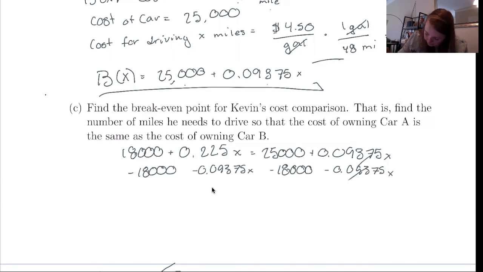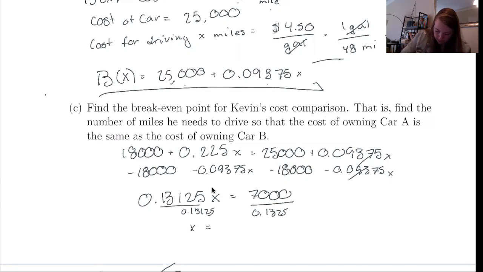Okay, so those go away. 0.225 minus 0.09375 is 0.13125. So 0.13125 x equals 7,000, so x would equal 7,000 divided by 0.13125. That's about 53,333.33333.